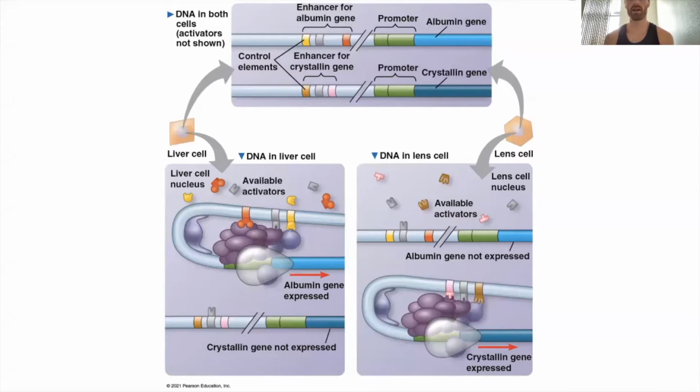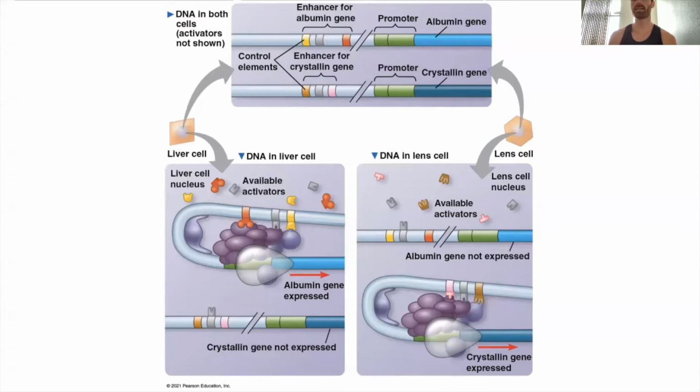For this example, there's a liver cell and a lens cell. Now the lens cells are in the retina of the eye. So an eye cell basically, and a liver cell. I like the top picture, and I like all of it really, but the top here is cool because it says DNA in both cells. So focus on that for a sec.